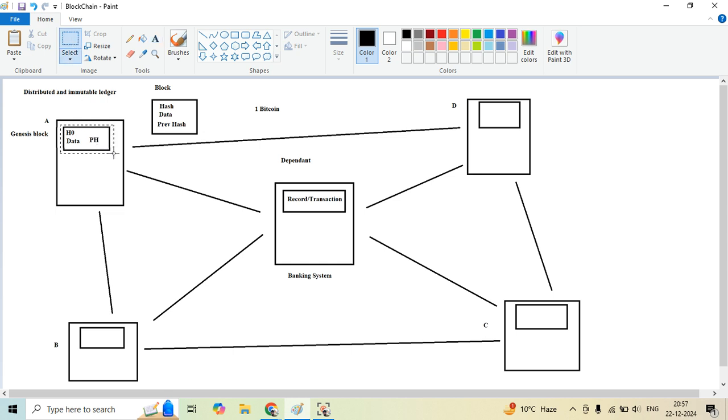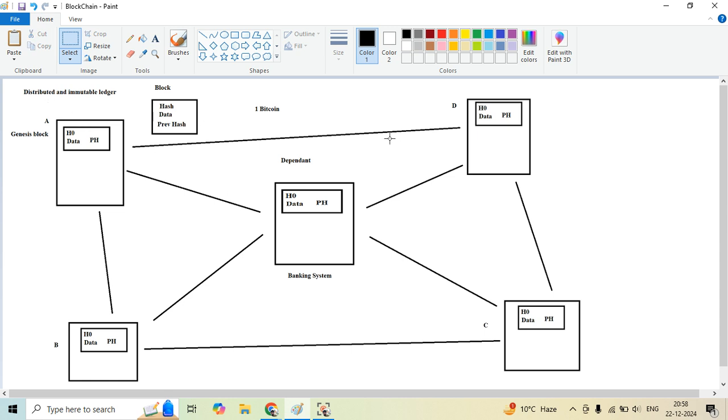This will be present in all the copies of the ledger, and it will also be present in the centralized ledger.